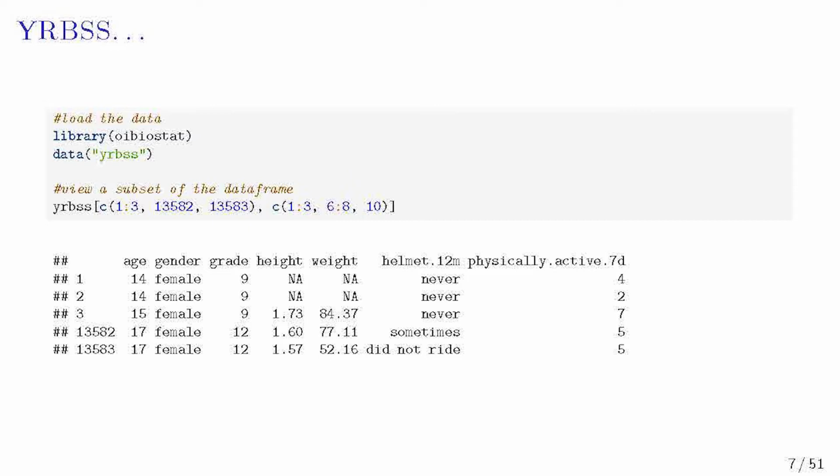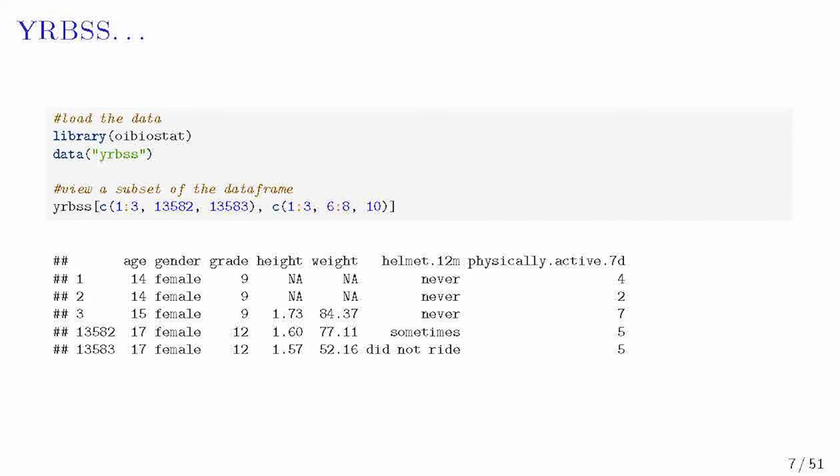So again, you have an identifier, you have their age, the gender, grade, height, weight, and it turns out that there's actually a lot of these types of columns. We just only see a subset of them here so that it fits nicely on a slide. The same for respondents, or the individuals taking the survey.